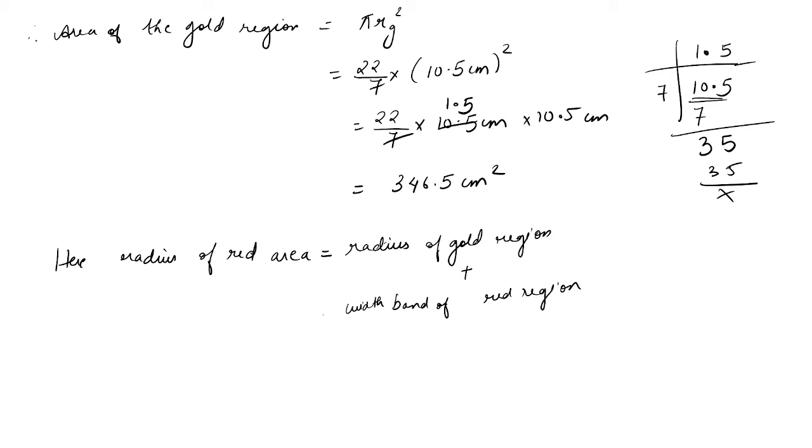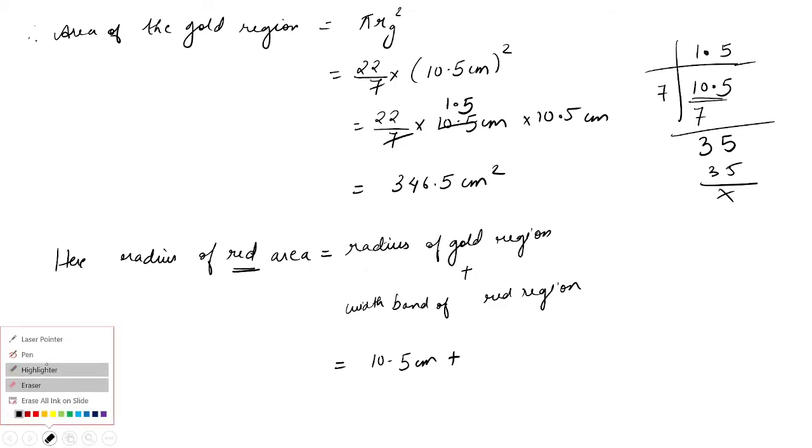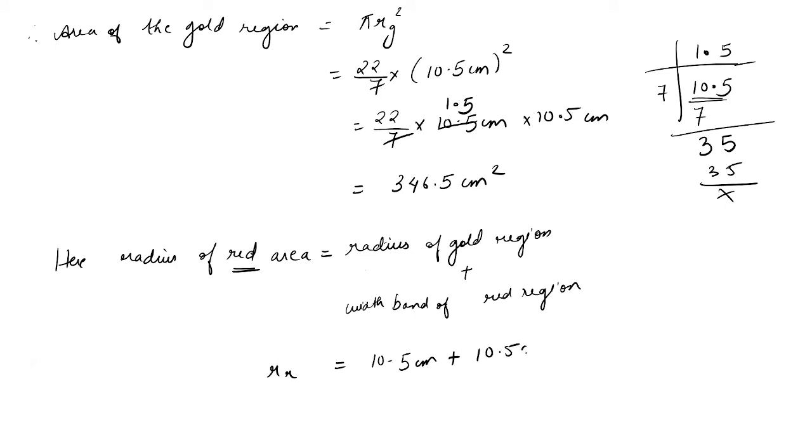So you can write this as small r, where r means red region: radius of gold region is 10.5 centimeter plus the width band, which is given as 10.5 centimeter. So this is going to be equal to 21 centimeter. Clear? Now go back to the question.